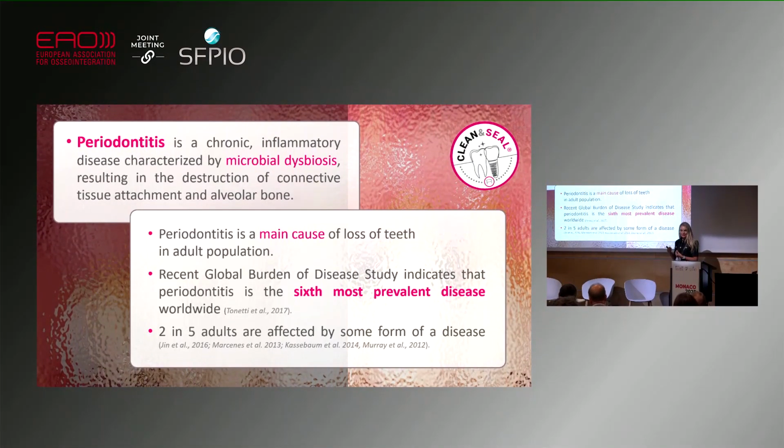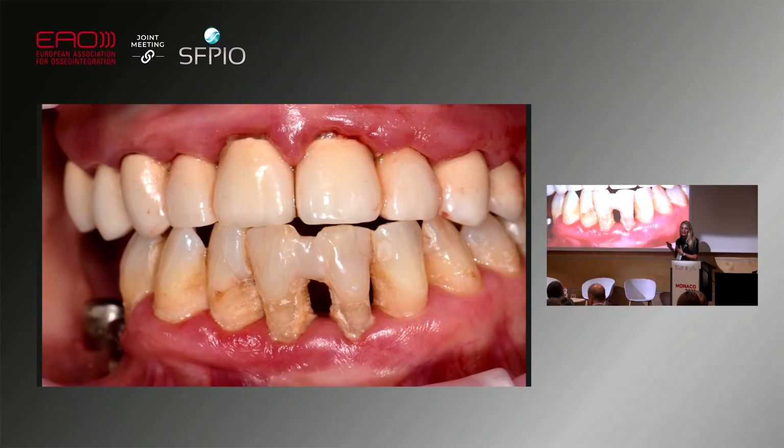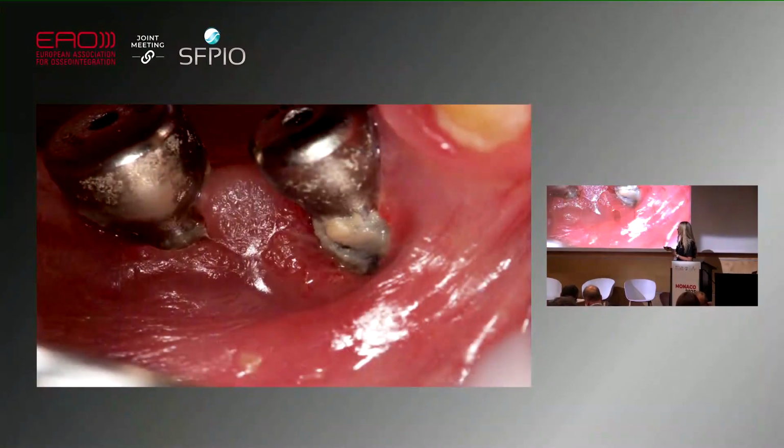So we have to be well aware of the periodontal statuses of our patients who are coming to our practices, maybe not necessarily seeking periodontal treatment. Why? Because we might end up with situations like this. This patient got his prosthetic reconstruction a few years ago, and he was referred by the surgeon asking if I can do something about these implants.